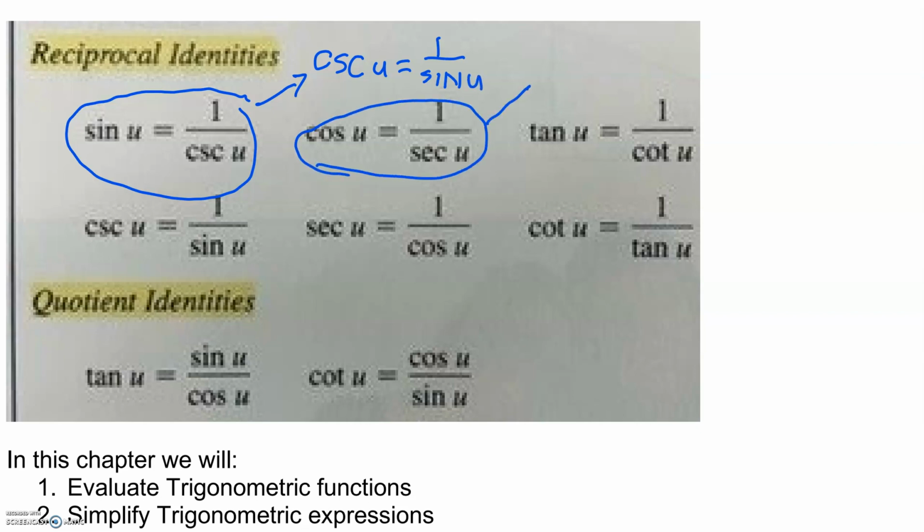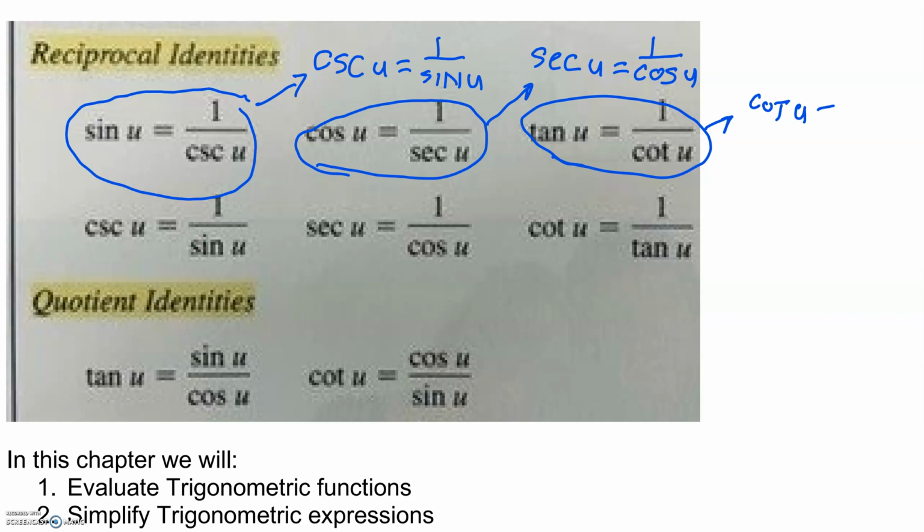And this one also means that the secant of u is equal to 1 over cosine of u. And this one also means that the cotangent of u is equal to 1 over the tangent of u, right? So you want to remember those things.